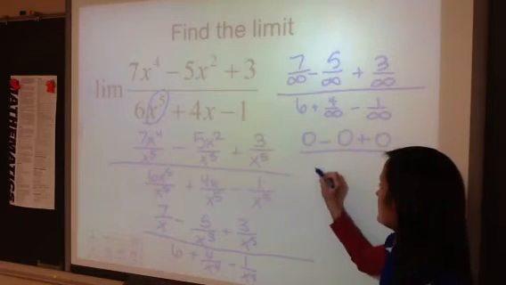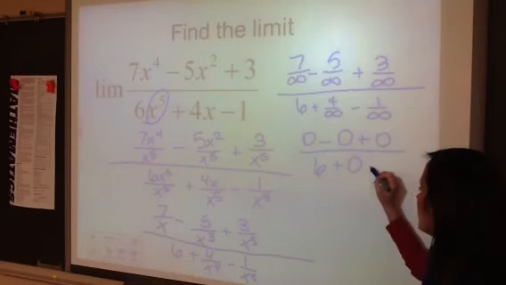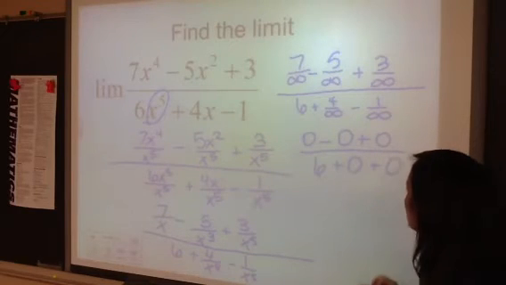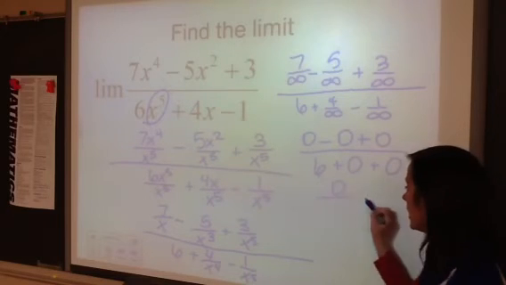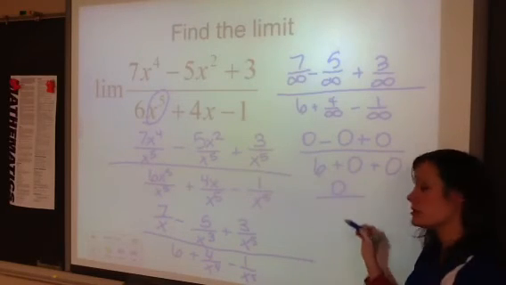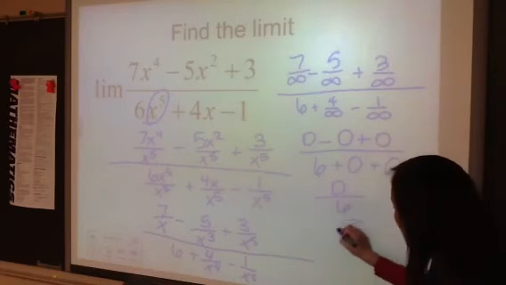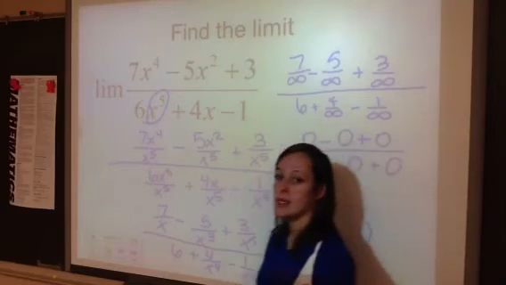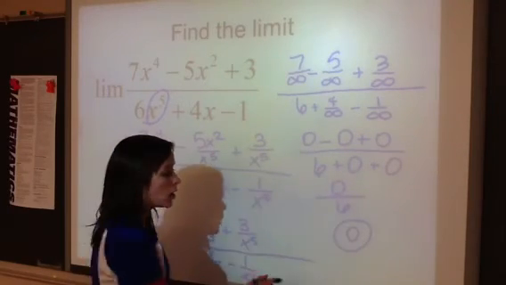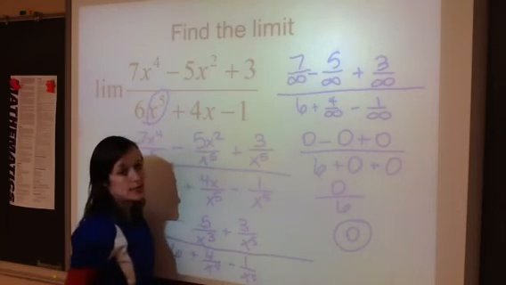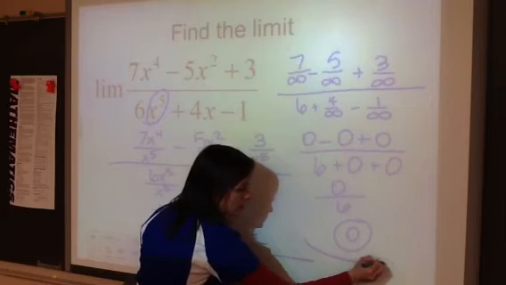On the bottom, we have 6. 4 divided by a big number is 0. Negative 1 divided by a big number is 0. So you have all these zeros on top, so our top is 0. On bottom, we have 6 plus zeros, so we get 6. 0 divided by 6 is 0. So as our graph goes to the right, our y value is approaching 0. So our graph is flattening out.